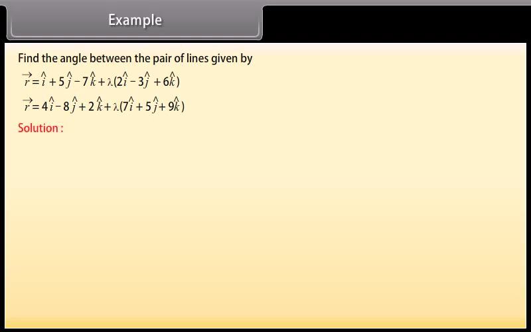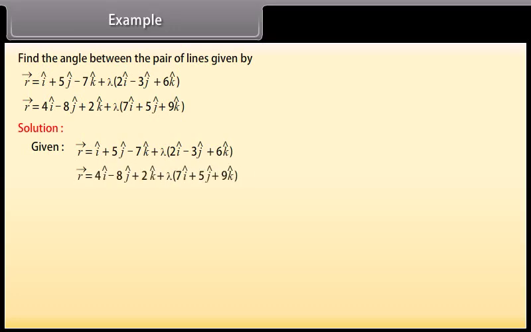Solution. Given vector r equals î plus 5 ĵ minus 7 k̂ plus lambda (2 î minus 3 ĵ plus 6 k̂), and vector r equals 4 î minus 8 ĵ plus 2 k̂ plus mu (7 î plus 5 ĵ plus 9 k̂).